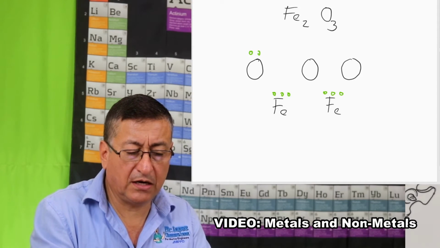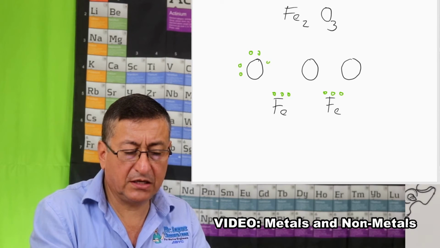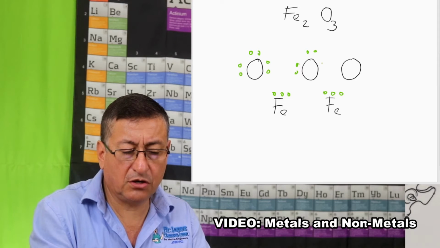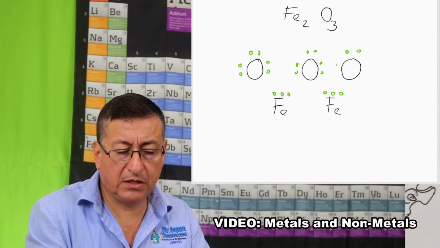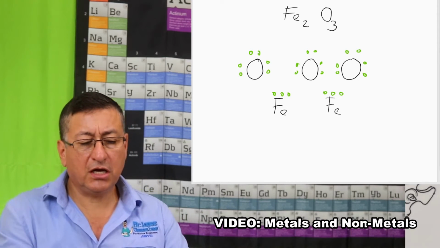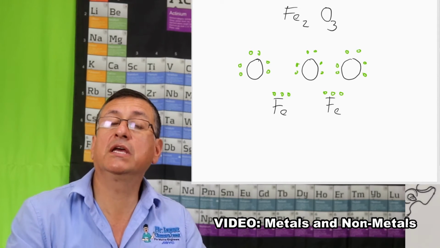The oxygen has 6 electrons in the last orbit, and each oxygen needs 2 additional to be stable.